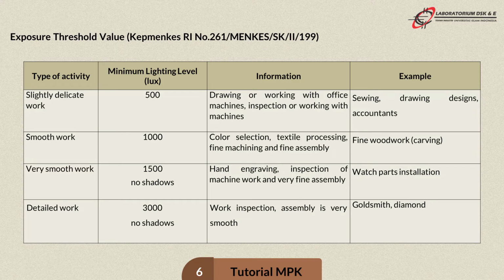For smooth work, the minimum level of light is 1000, and very smooth work has a minimum level of light of 1500, not causing shadows. And for detail work, the minimum level of light is 3000 lux, not causing shadows.